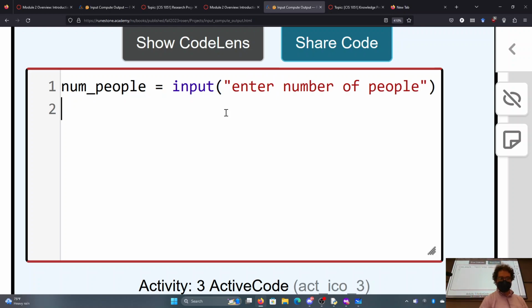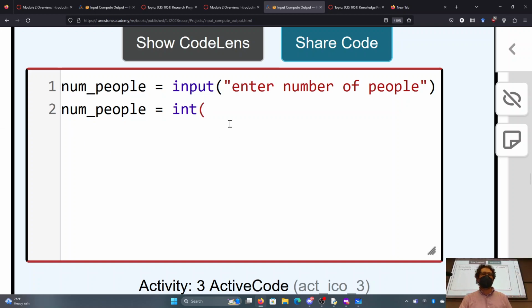right? And then if we do num people, first off, we want to always convert this back into an integer, right? This is just text, meaning that it's as valid to insert numbers here as it is to insert the word apple, right? But we want to make sure we're not doing math on a word like apple, so we take what we have and convert it into an integer. If they entered stuff that is not good, it will crash.